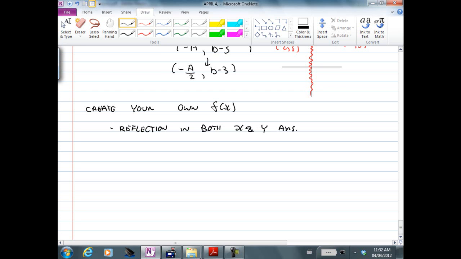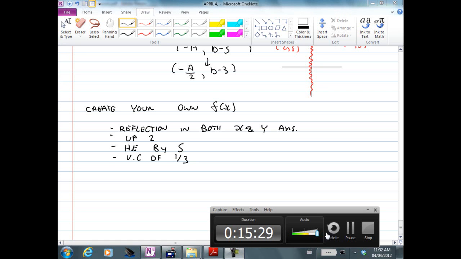Next thing, I'm going to go up 2. Horizontal expansion by 5. There is also a vertical compression of 1/3.